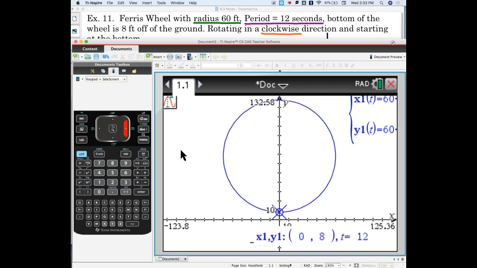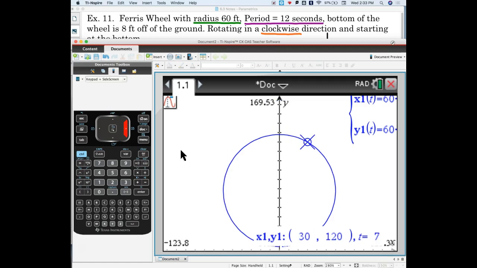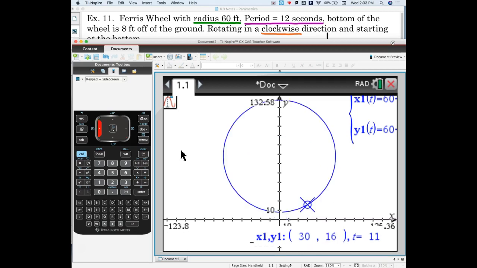Go all the way around until I get to 37, 38, 39, 40, 41, 42, 43, 44, 45, 46, 47. So there I am at 47 seconds, which is t equals 11.